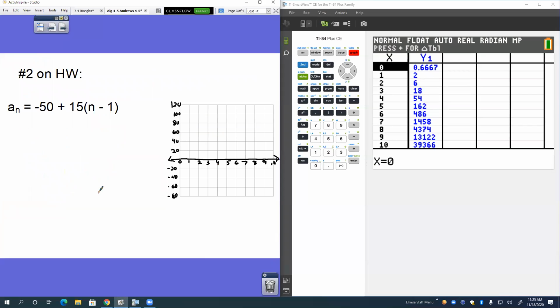If you could go ahead and try this one, please. This actually is number 2 on the homework today, but I want you to try this on your own right now, please. Go ahead and do this question.